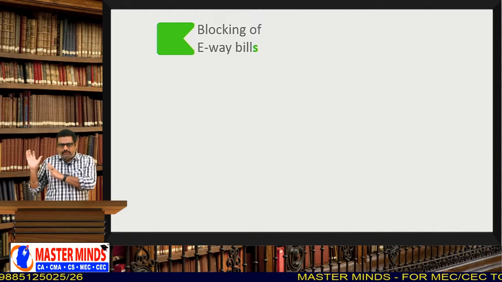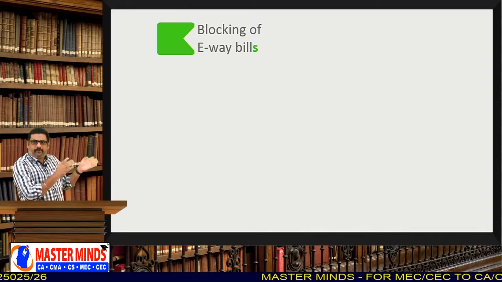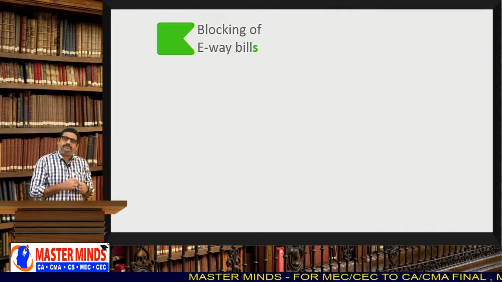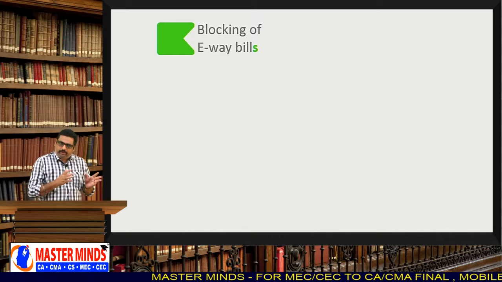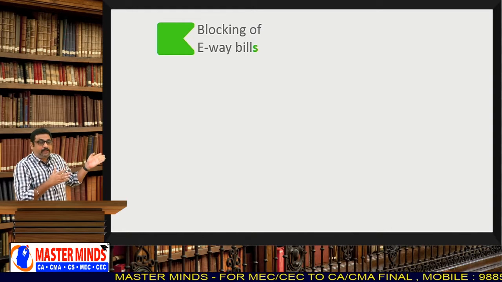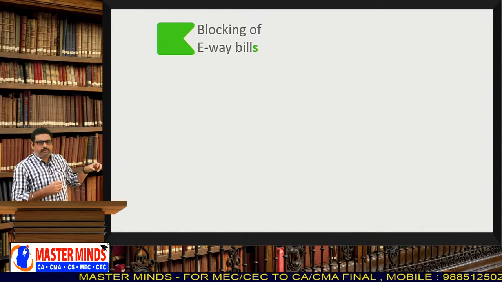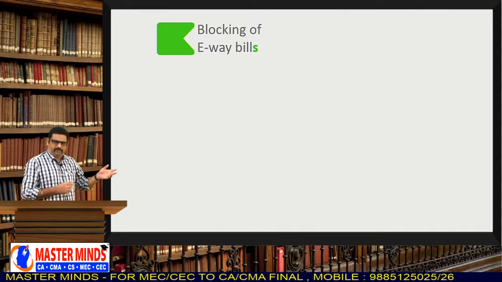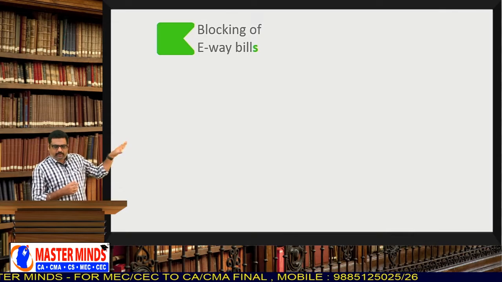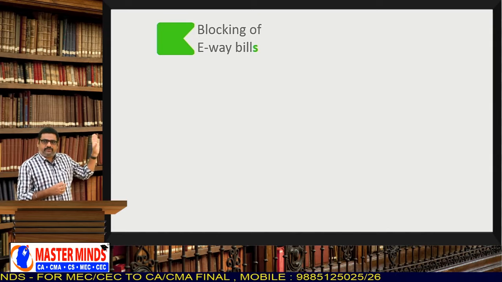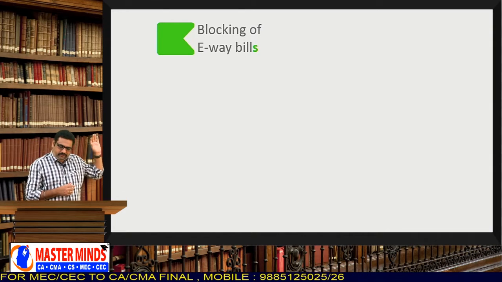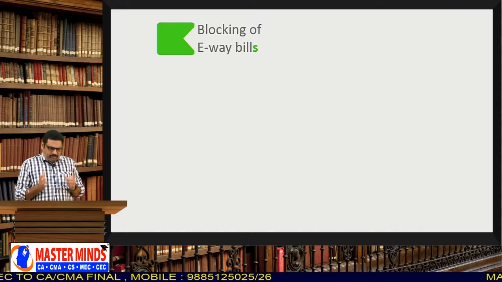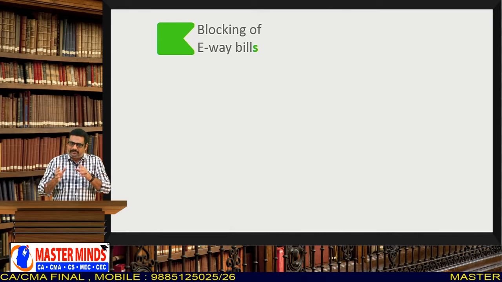By introducing this concept of blocking of EWAY bills, the government wants to make people file their returns properly, not directly but indirectly. That was the logic behind this particular amendment.